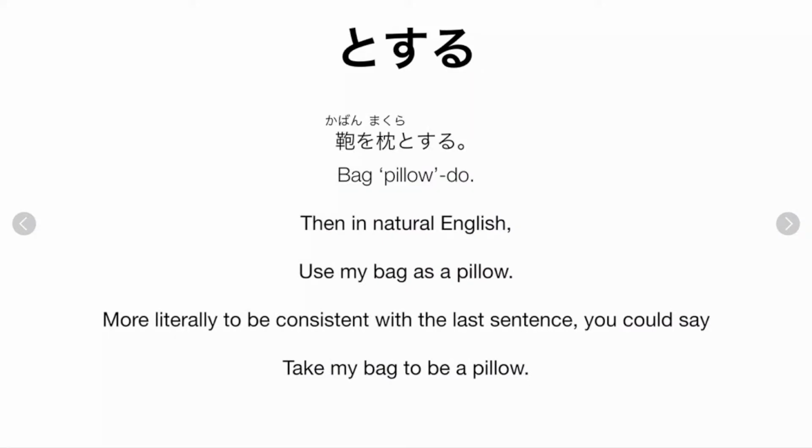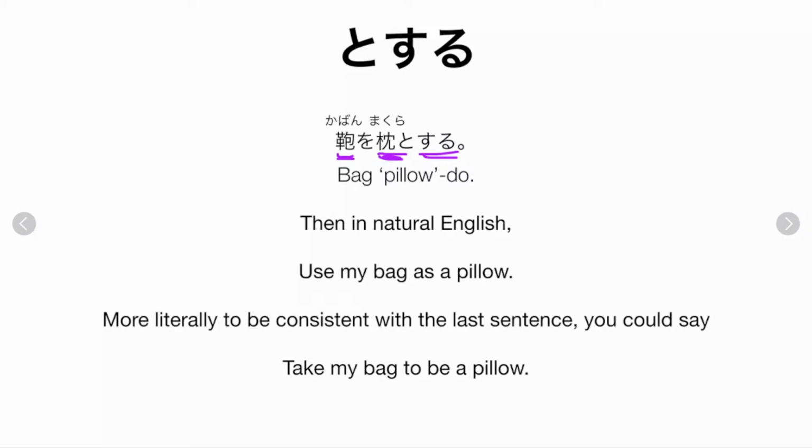Alternatively, if it's not an abstract thing, but an actual physical thing, right? You say, kaban o makura to suru. So kaban was bag, makura is pillow. Kaban o makura to suru. The bag, I'm going to proceed as if it is a pillow. So in natural English, that's I'm going to use my bag as a pillow.